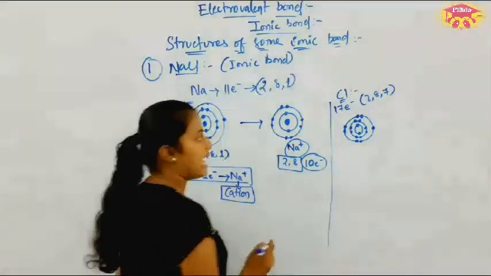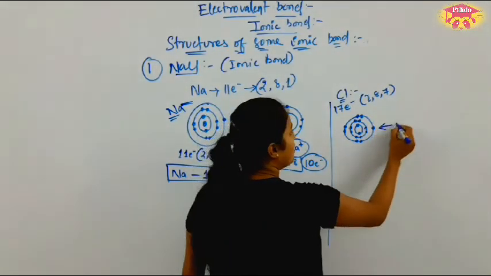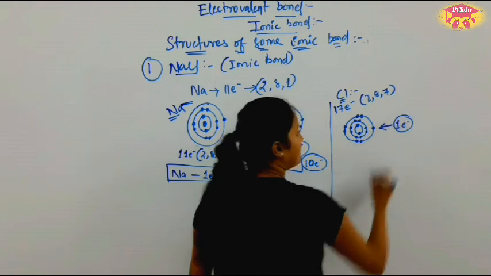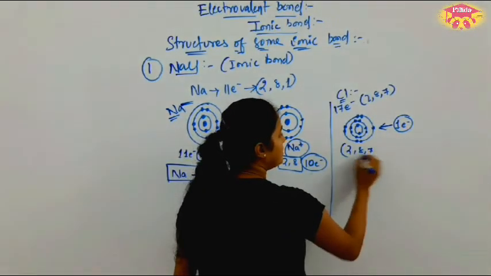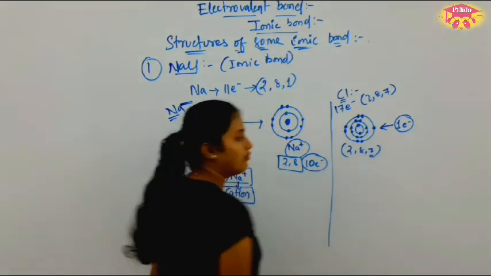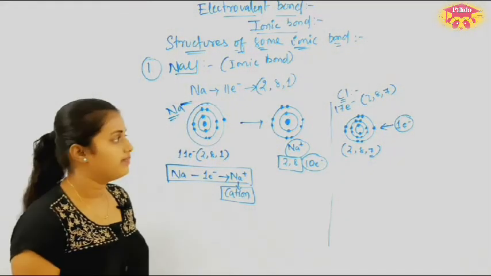Now this chlorine atom is eagerly waiting for 1 electron to fulfill its outermost orbit.